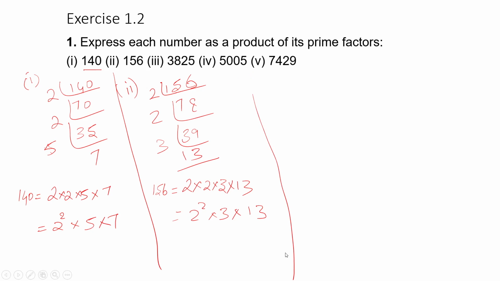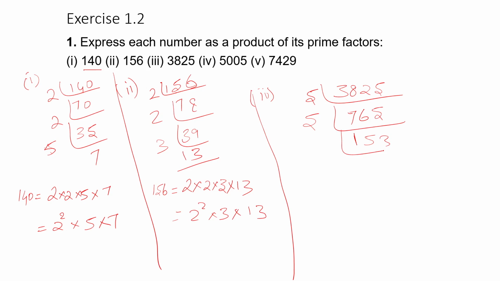So now the third question, 3825, and the last digit is 5. What is the prime factor? First we will try 5. So again, the ending digit is 5, so 5 again. Now 3, so 51.